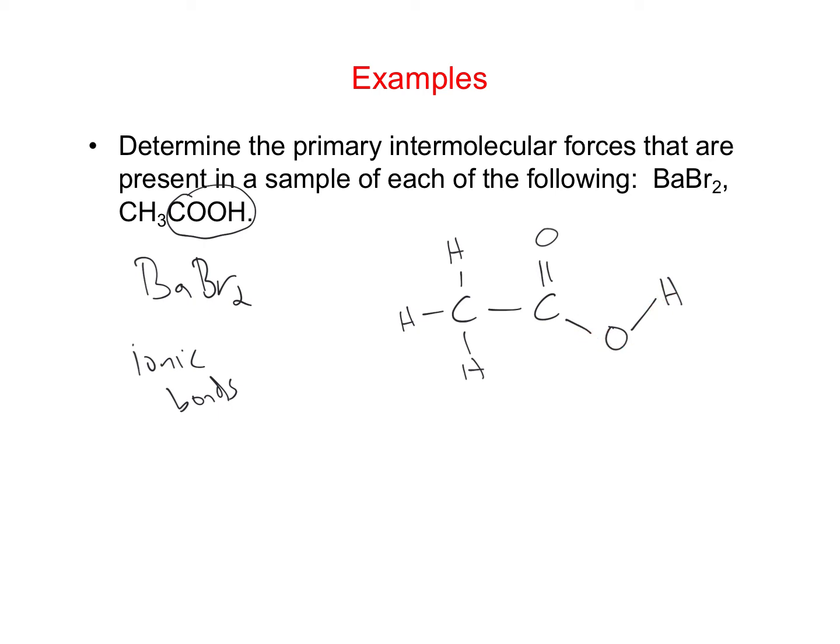So we definitely have polar bonds. There's no way this molecule is going to be symmetric. This molecule is covalent, so I should have started with that. And then it's definitely polar, so either dipole-dipole or hydrogen bonding is the strongest intermolecular force. Since I have a hydrogen directly connected to an oxygen, I'm going to have hydrogen bonding in this sample.